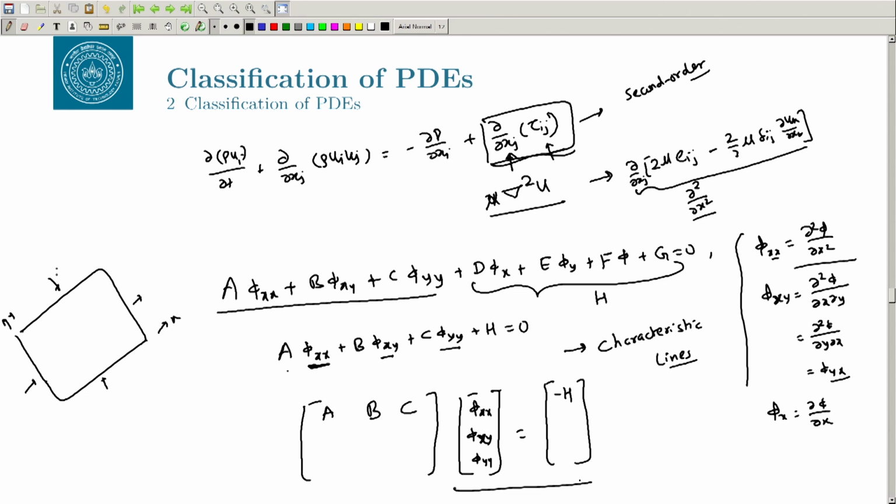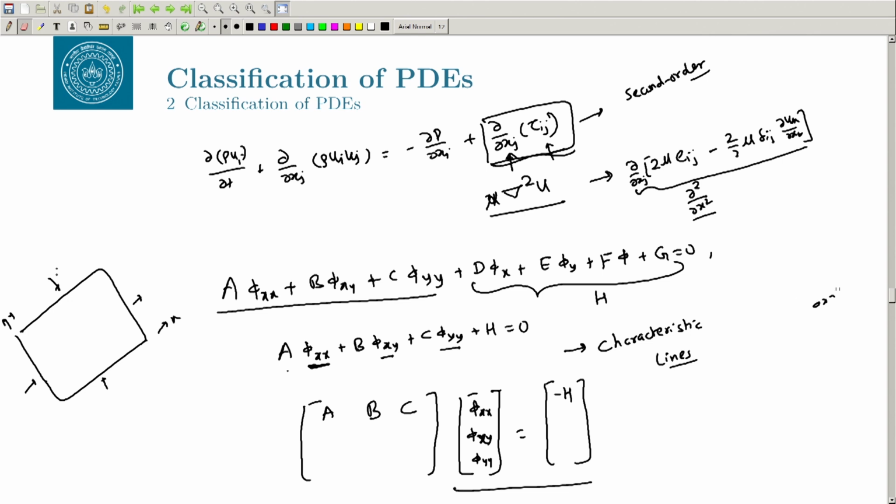So, what we will do is use the definition of the total derivative. We will call this d phi_x. How do we define d phi_x? It is del 2 phi by del x square into dx, because phi depends on both x and y, remember that.